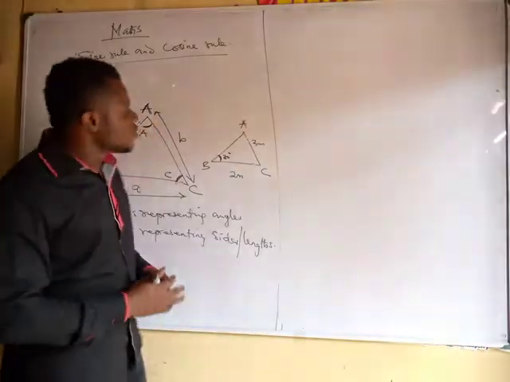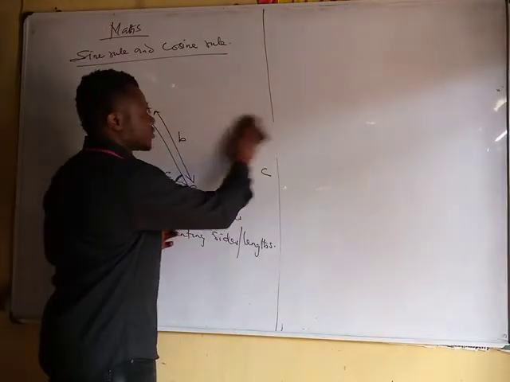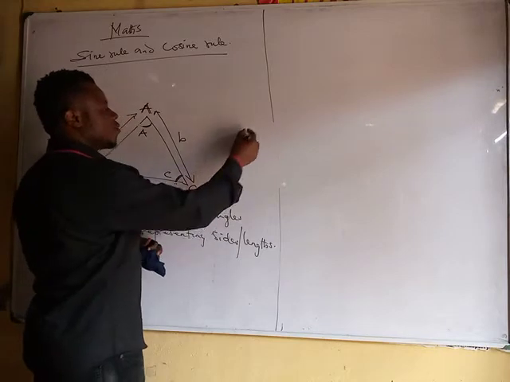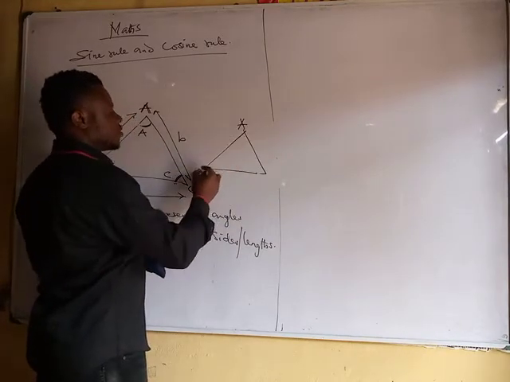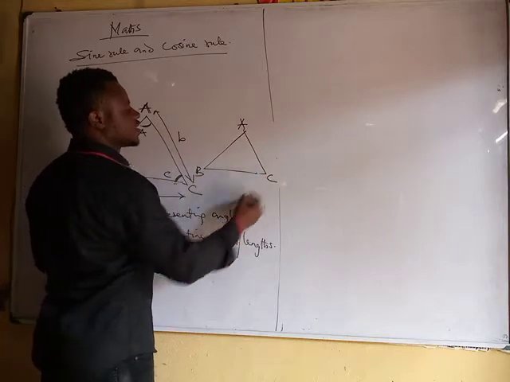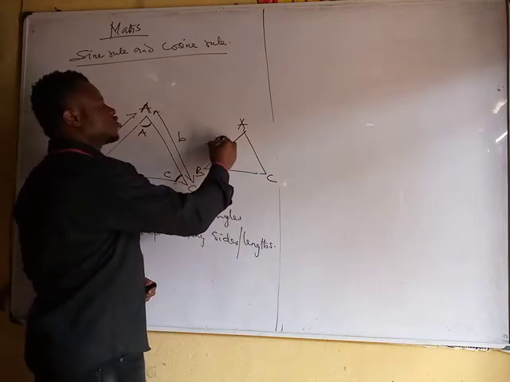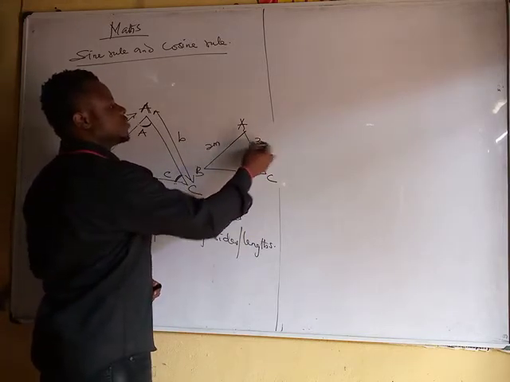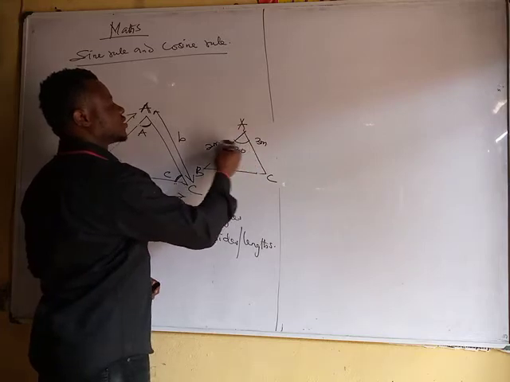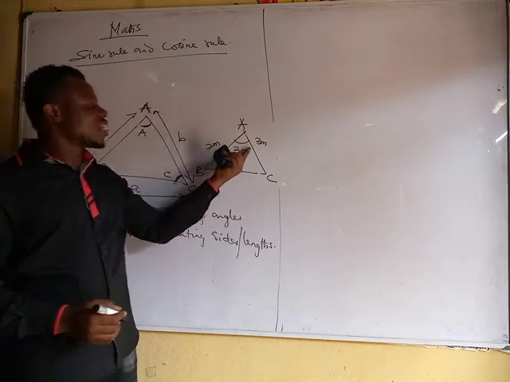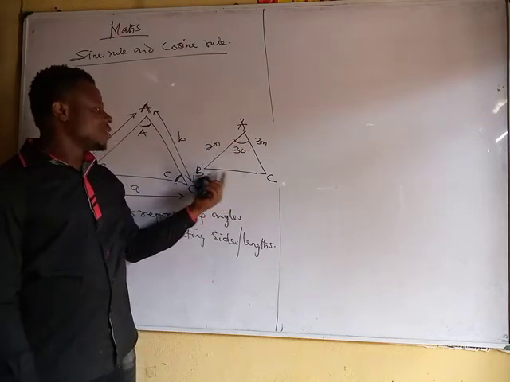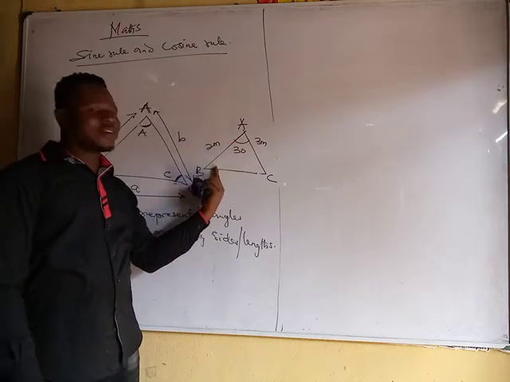But if you look at the cosine rule formula, when you are given a triangle, you have A, you have B, you have C. This one is 2 meters, this is 3 meters, and here is 30. Looking at this, A has its angle but no distance. B has distance but no angle.